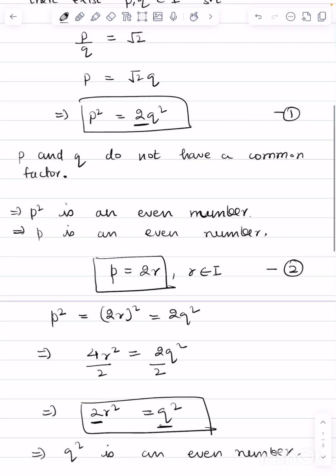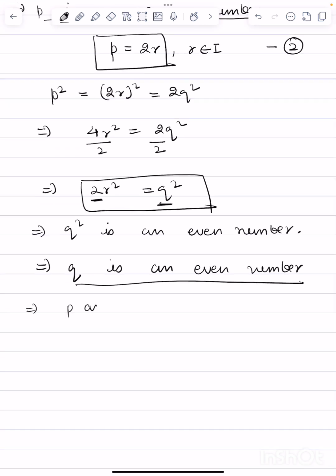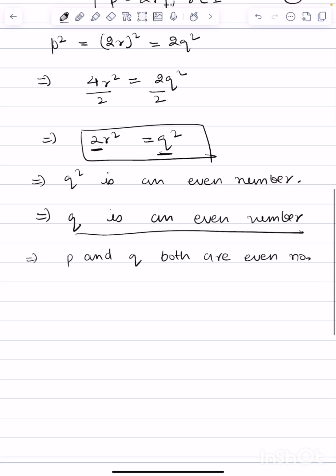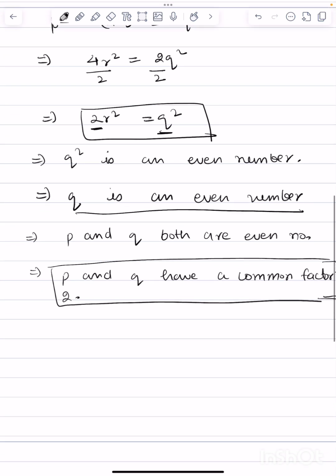Now if you notice, earlier we proved that p is an even number, and now we are saying q is an even number. So p and q both are even numbers. This means p and q have a common factor 2. Now this is something of interest because it is in contradiction to something we had assumed earlier.